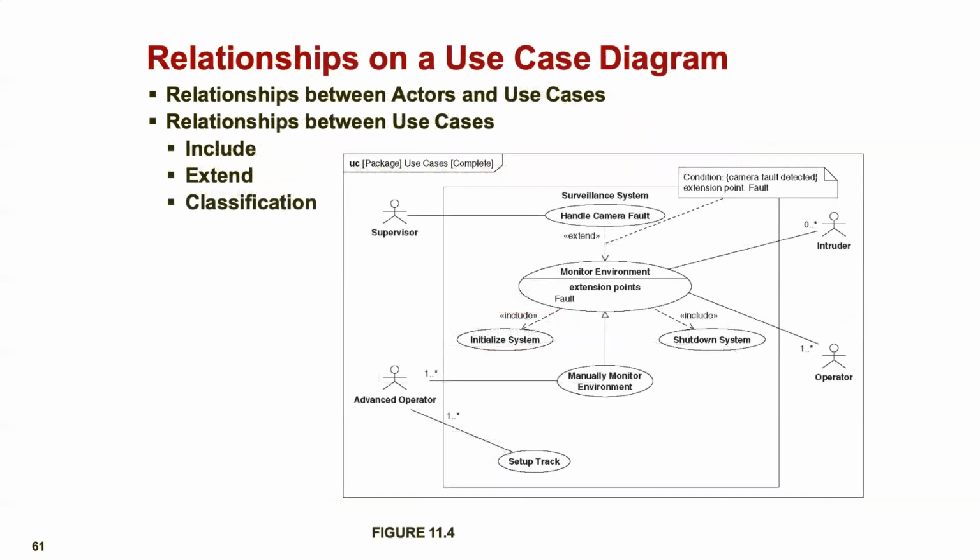So for the relationships of a use case diagram, it shows the relationships between the actors and the use cases. The relationships between the use cases that we can have include, extend, and classification. And so we're showing some examples of that in this more detailed use case diagram.